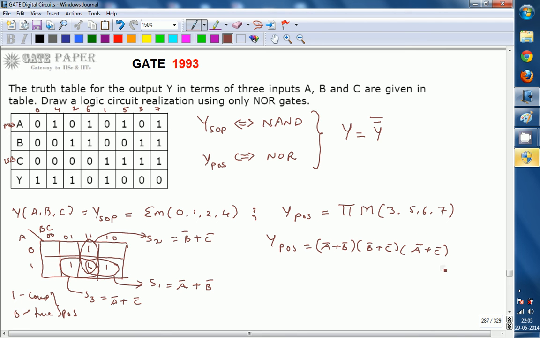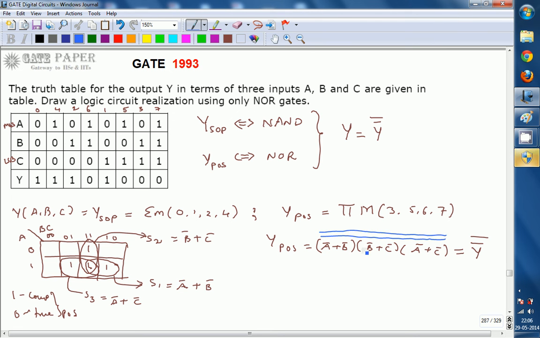Now we are going to realize using NOR gates. So simply you can take double complement. This is Y, and for that you are going with the double complement. This is the first complement and this is the second complement.